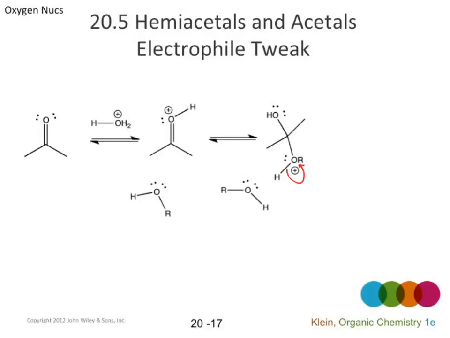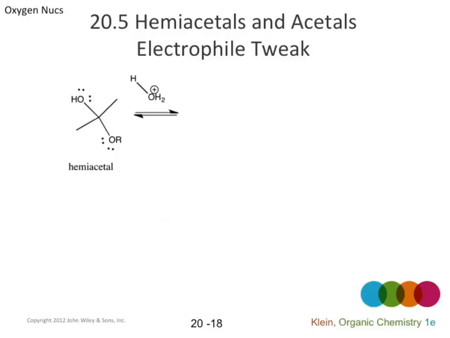What do we pick up that hydrogen with? A base. So anything with electrons, we've got our alcohol also floating around in solution. This puts us to our hemiacetal. Okay? What happens once we've got the hemiacetal? We're still under acidic conditions. Okay, so what happens here?